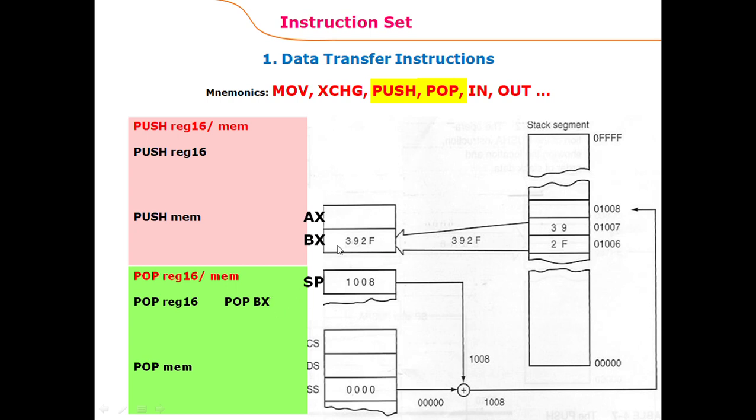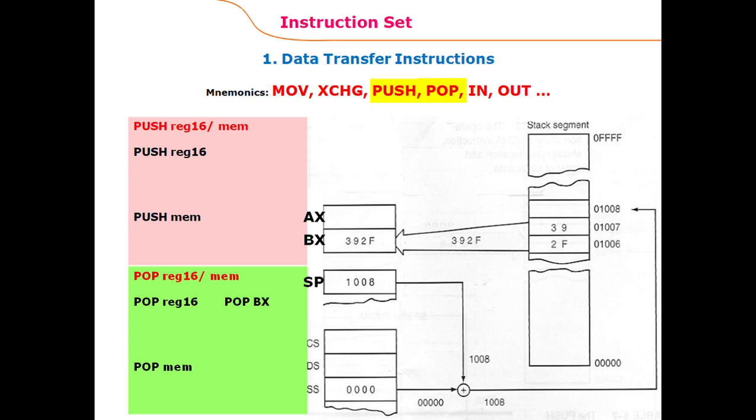Let's assume we have this BX register, which stores some different value that is not shown here. This is the value after the POP BX instruction is executed. Let's assume the stack pointer points to this location, and the stack segment has this value. This value is then left shifted by one hexadecimal digit, and a 0 in hexadecimal is introduced at the right side.